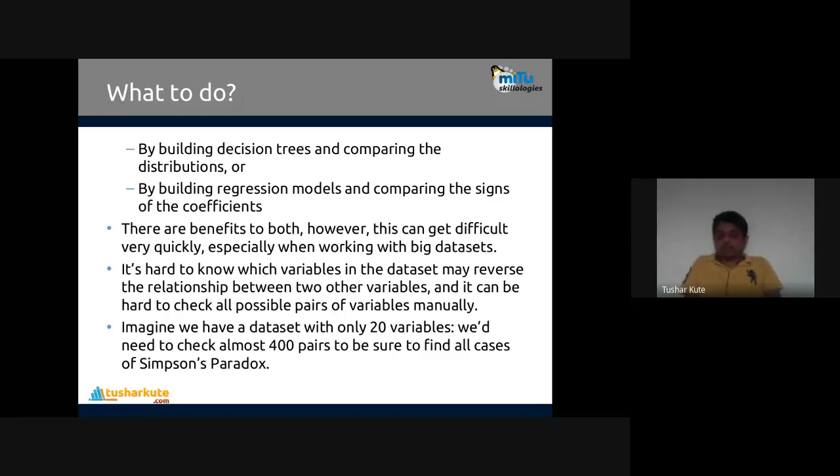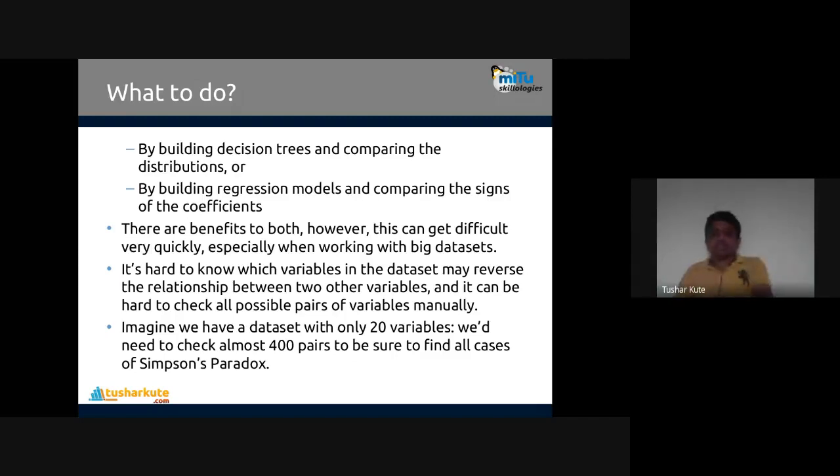So the third variable is very important in many cases. It's hard to know which variables in the data set may reverse a relationship. Yes, that's also very important to know between two or other variables, and it can be hard to check all the possibilities of pair variables manually. All possibilities of pairs. Okay, with maybe 20-30 features, out of that, which feature is actually having the impact, something like Simpson's paradox there?